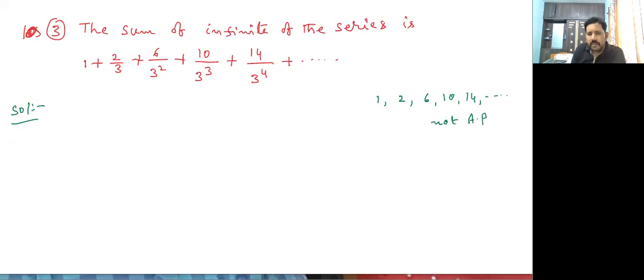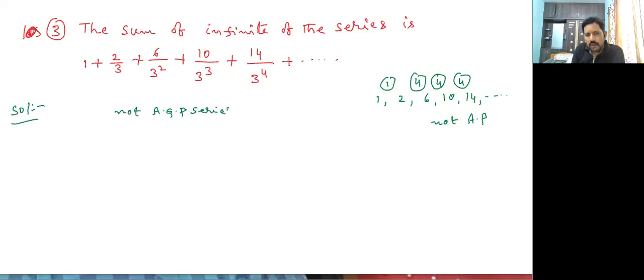Why is it not an AP? The difference is 1 here, 4 here, 4 here, 4 here. So the difference is not the same. So 1, 2, 6, 10, 14 is not an AP series. So if it is not an AP, this is not an AGP series. So this is finally not an AGP series.